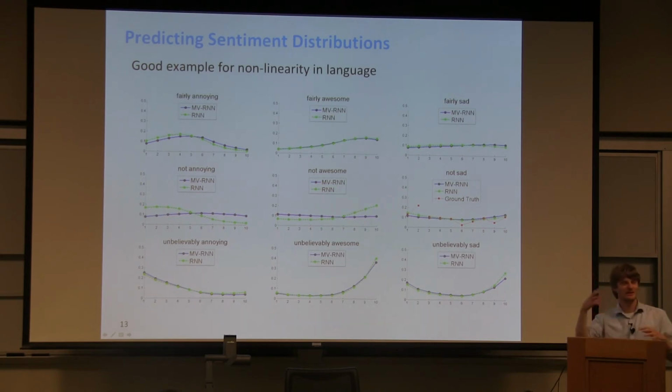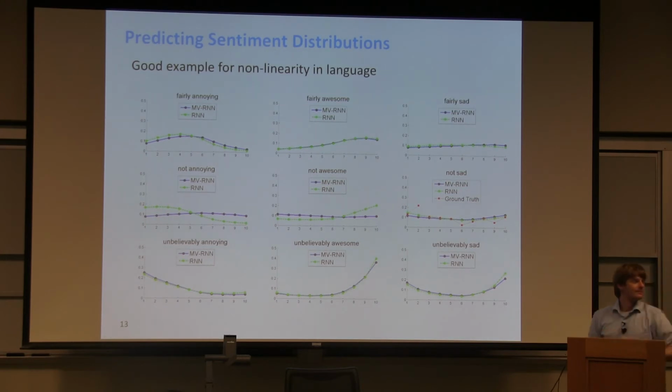It attenuates how serious that adjective is in whatever direction. So annoying by itself would be quite negative, but fairly annoying, not as negative, still with a slight bend towards the negative. And here we basically look at a comparison of training a standard RNN versus a matrix vector RNN to try to predict these distributions.